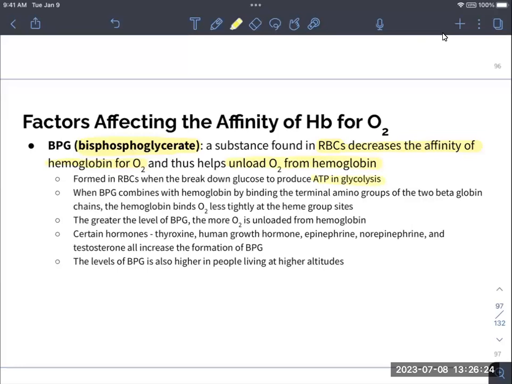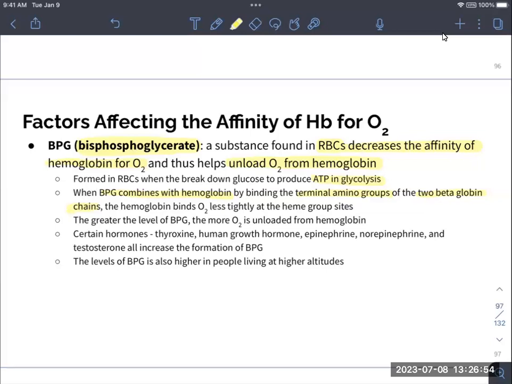When this bisphosphoglycerate combines with hemoglobin, it actually binds to the terminal amino group of these beta globin chains. Oxygen doesn't bind as tightly at this point. So the more bisphosphoglycerate, the more oxygen gets released.